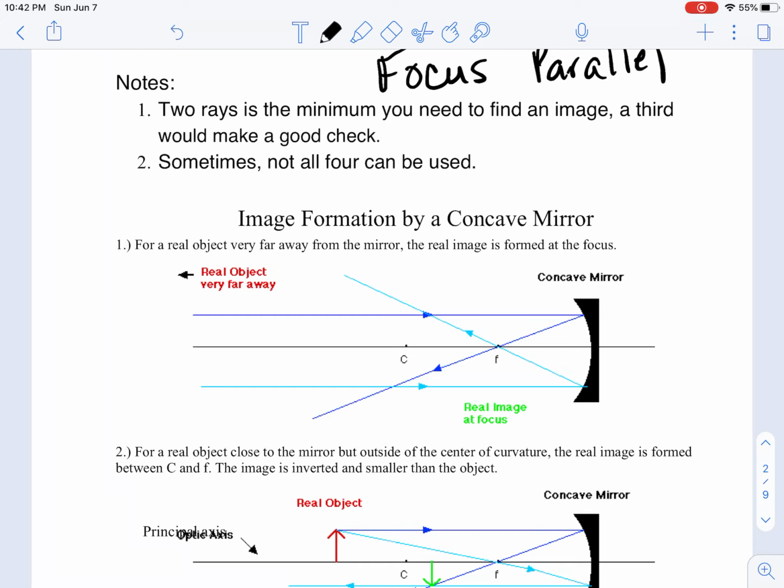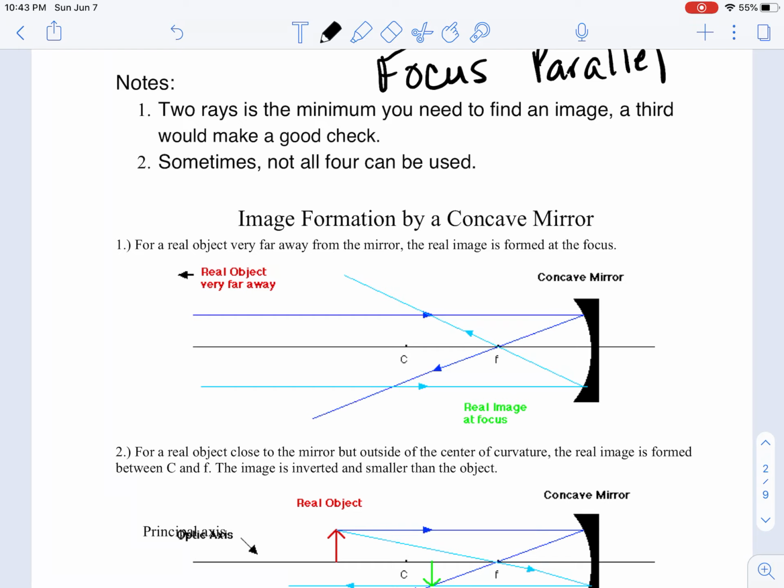So if you did your laser light security system, you were doing the same thing over and over again. And you're always going to get the virtual image, right? That is upright. That is the same size. That happens. It doesn't matter what you're reflecting. That always happens.